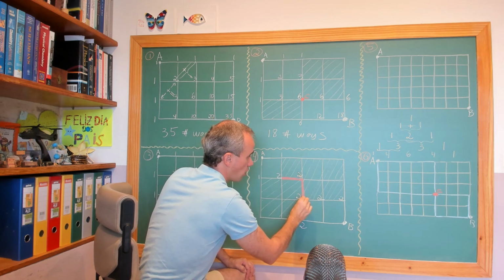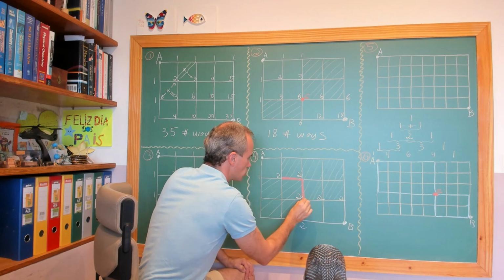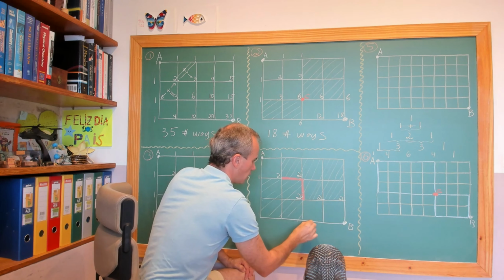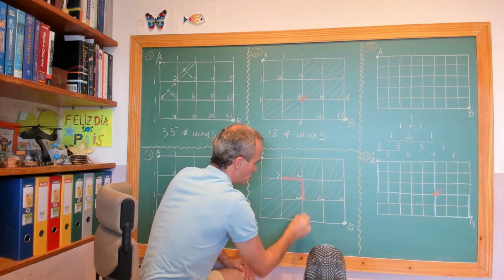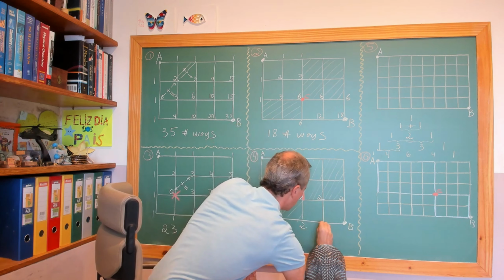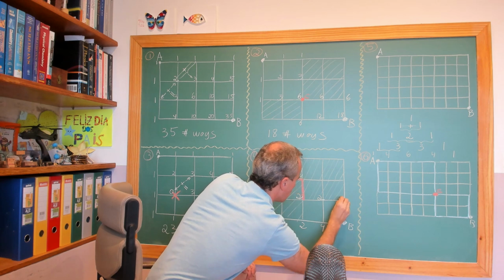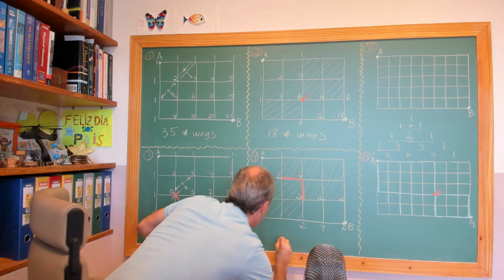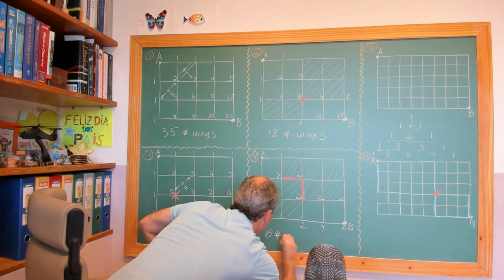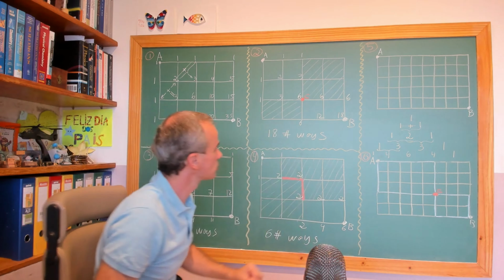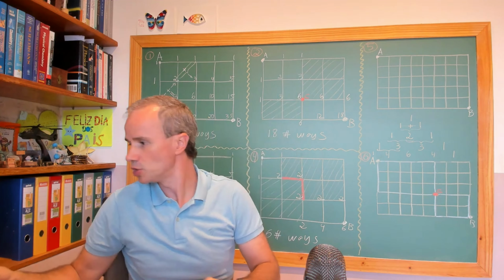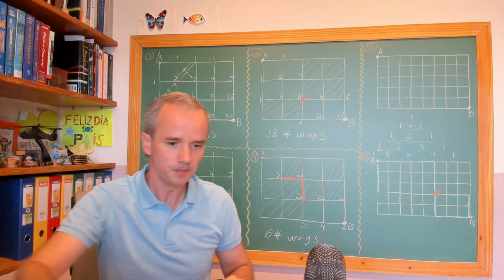Then the only way I can go to this spot is if I just go straight. If I go down, I would eventually have to go up. I can't go up. So 2, 2, 2. So 2 and 2 makes a 4. This one is 4. And this is a 6. So in here there are 6 different ways. Okay, no problems.